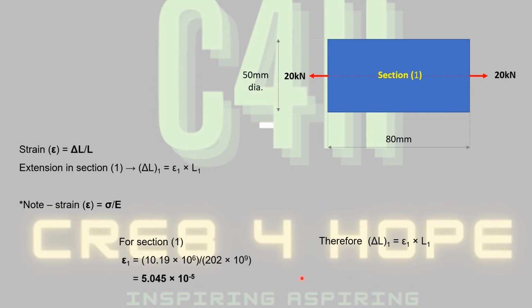Okay, so if this is the case, and we've already expressed that the extension or the change in length delta L will be equal to the product of the original length and the strain, then all that we have to do is just substitute known values, do the multiplication, and we get the extension in section 1 to be 4.0356, or if you want to do it 4.04, feel free to do so, times 10 to the power minus 3 millimeters.